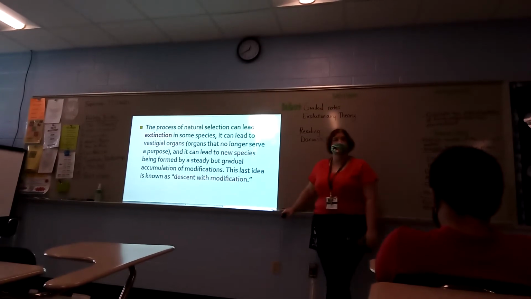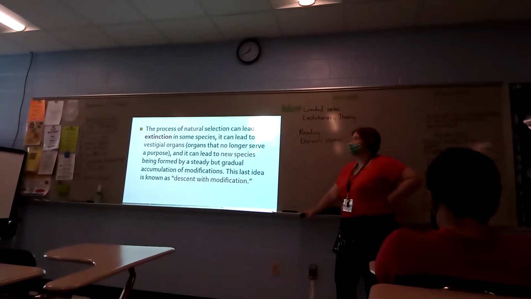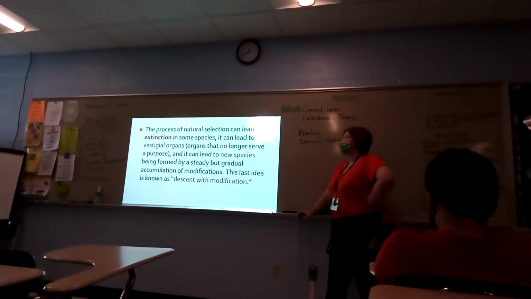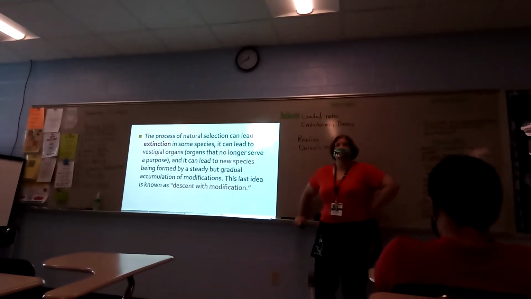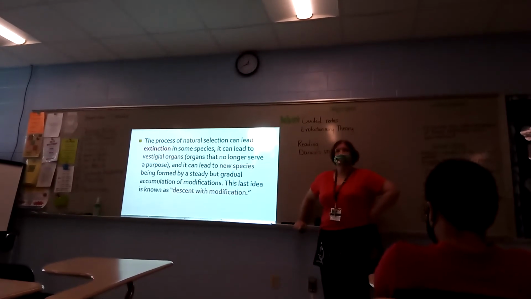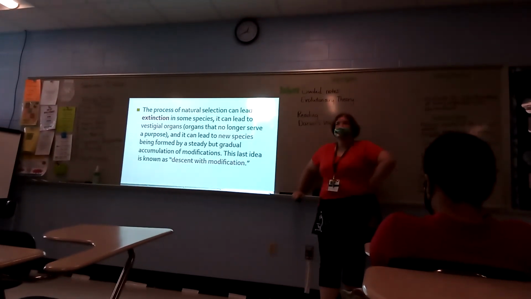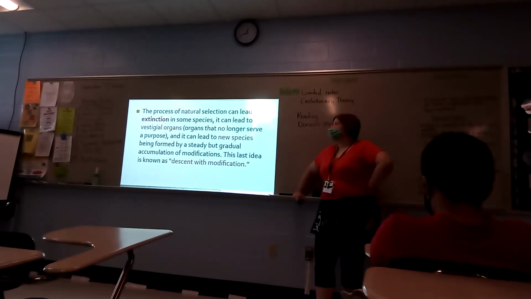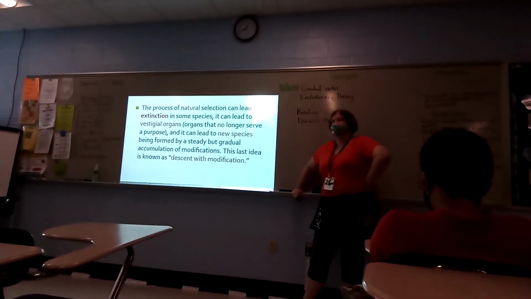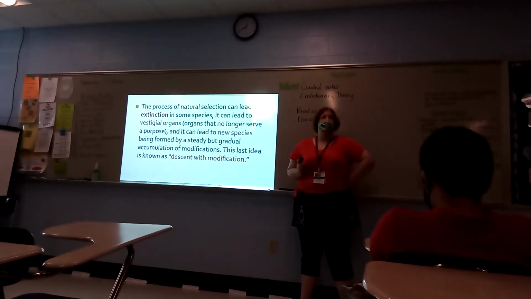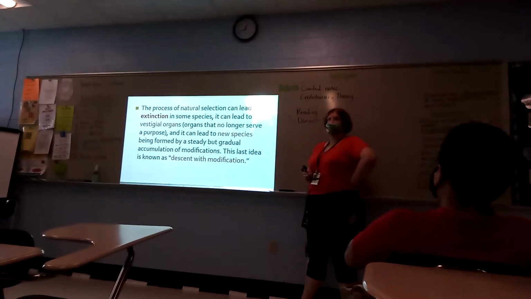Okay. Natural selection can also lead to what are called vestigial organs, which we'll talk about later, but who knows what a vestigial organ is? It's like your appendix, you don't really need it. Correct, yes. We have one, which is the appendix. The original function of the appendix, they believe, was to allow our ancestors to eat raw meat.